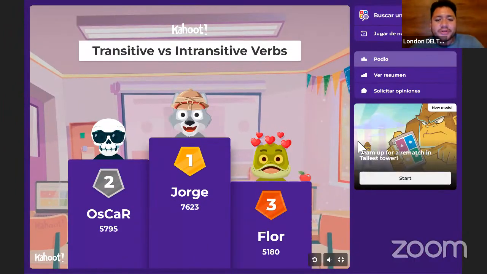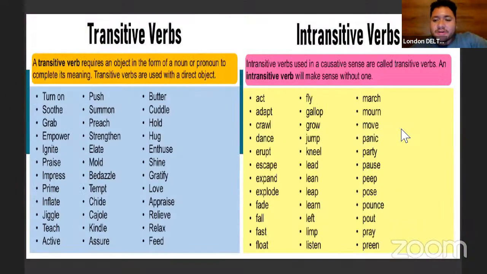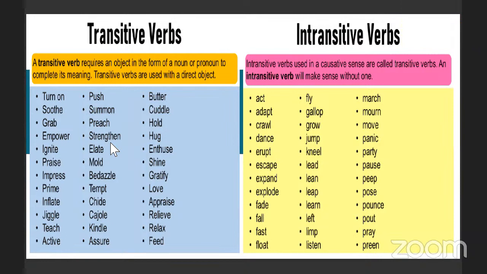Okay, very well. Let's practice a little bit more here. Please, Oscar, choose a verb from the left side and then another verb from the right side. I'm gonna choose one that I don't know what it means. Elate. Creo que es inflate. Es inflar.